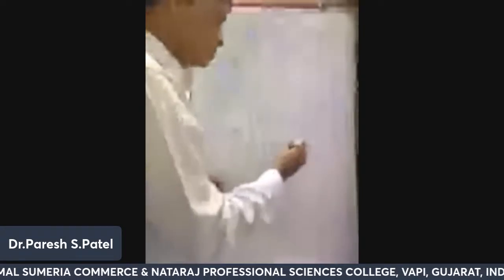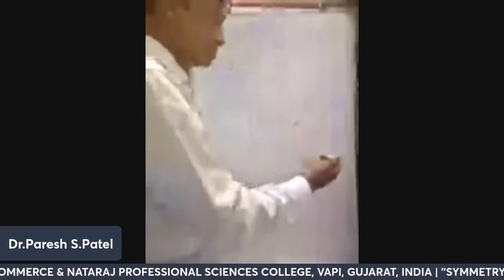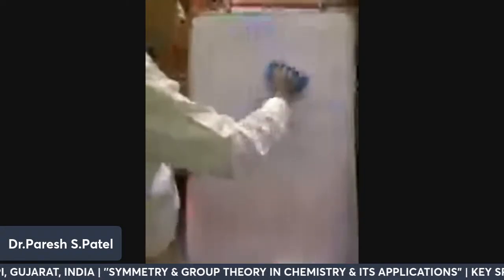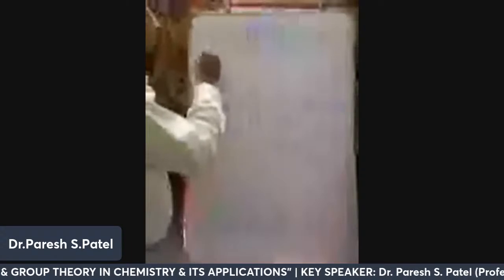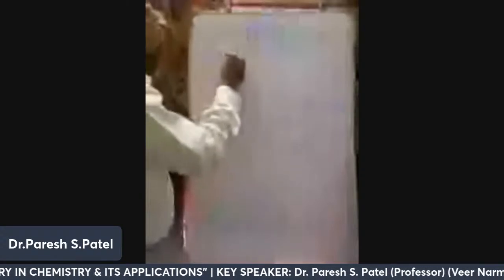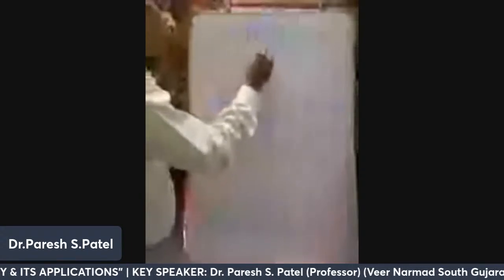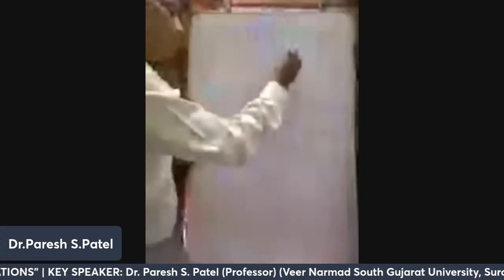Minus 1 raised to 4 is equal to plus 1, and 6 minus 1, so the value is equal to 5. So the values: C11 is equal to 2, C12 is equal to minus 4, C13 is equal to 5. Clear? Similarly, we have to find out the values of C21, C22, C23.